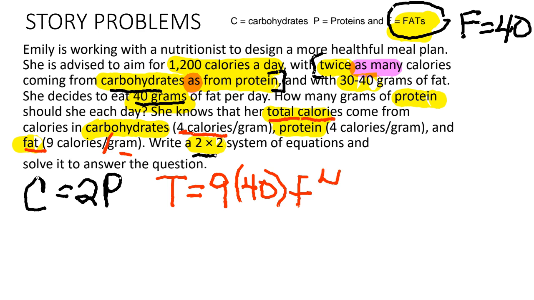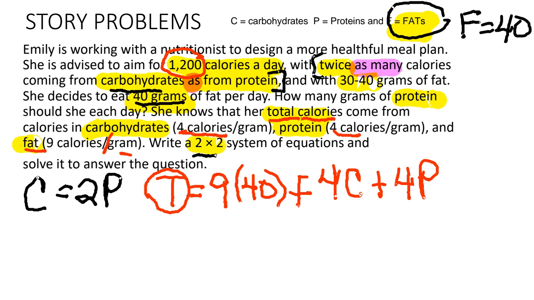So this is 4C. Proteins is going to be 4P. And this T is our 1200. That's the total number of calories she's going to have. Total means I'm adding, which means this is 1200.